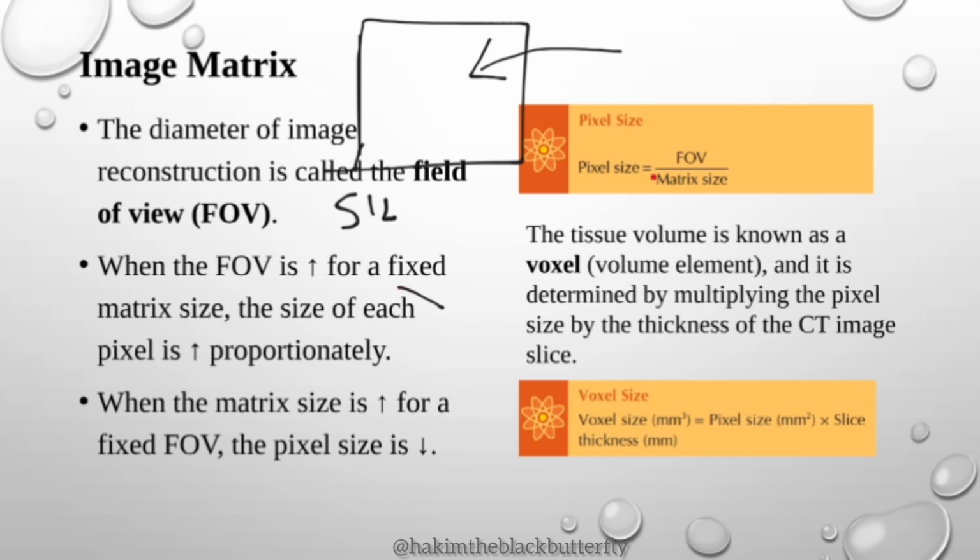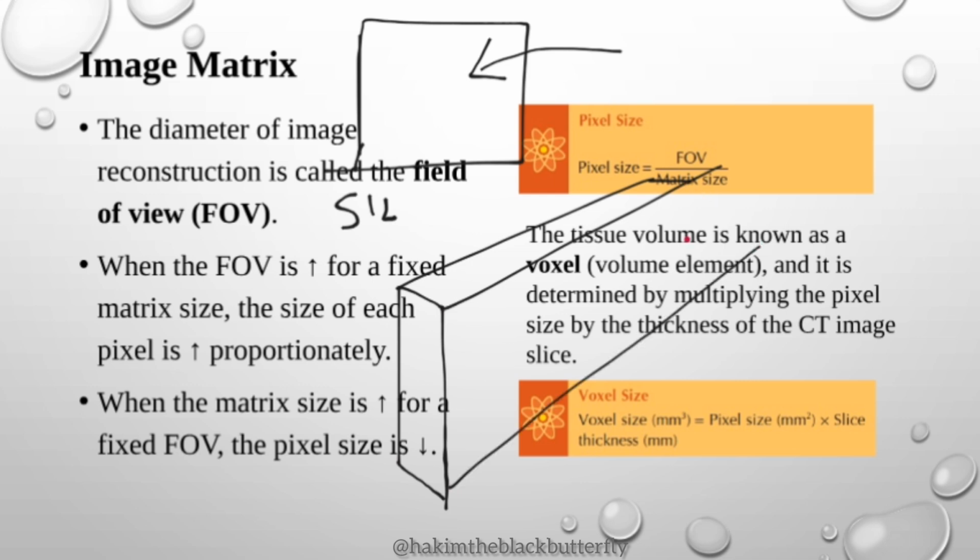If this is our slice in 3 dimensions, I'm drawing the slice in 3 dimensions. This is a slice. A pixel is this two-dimensional square you're seeing here.